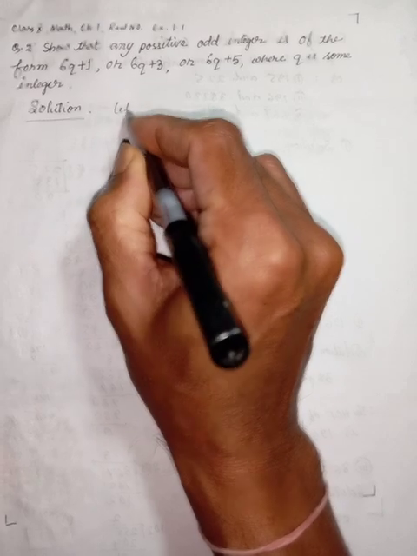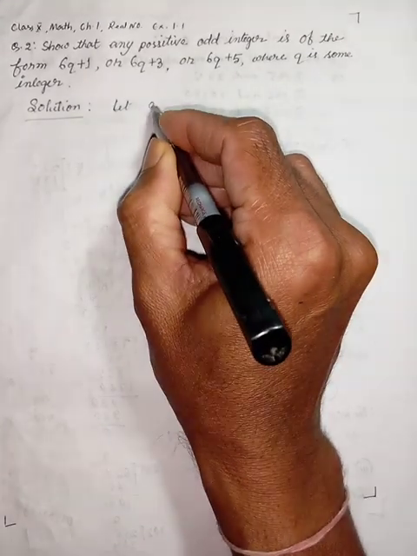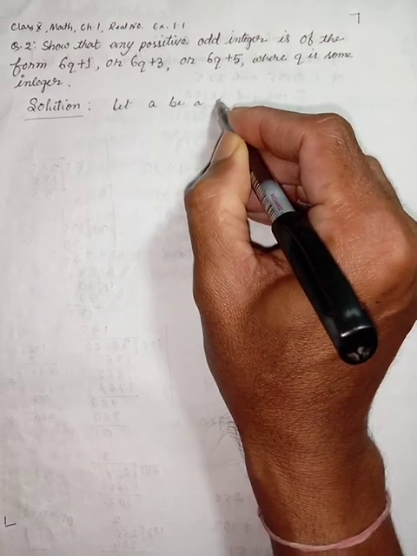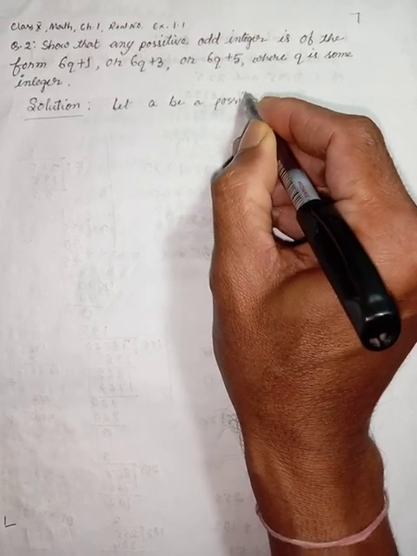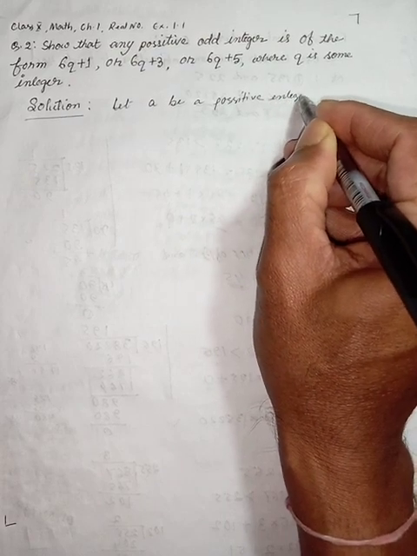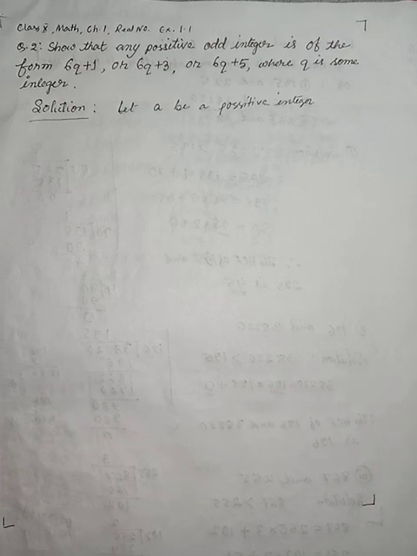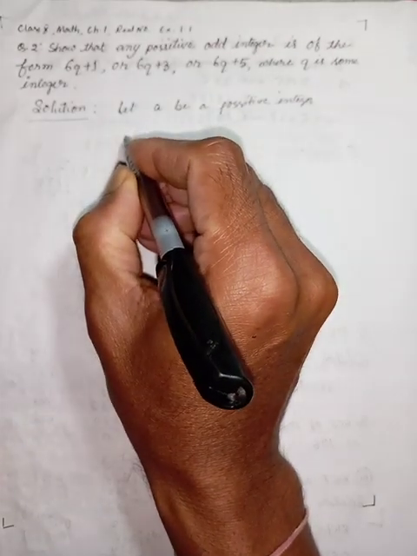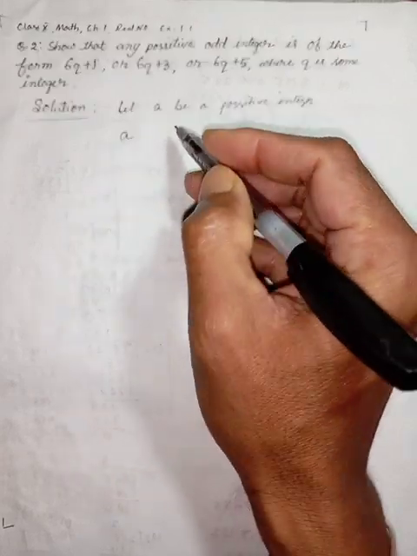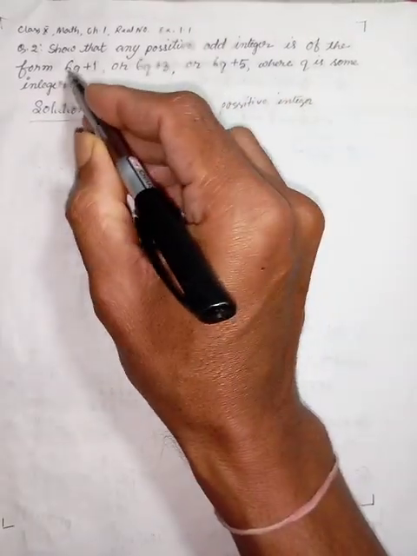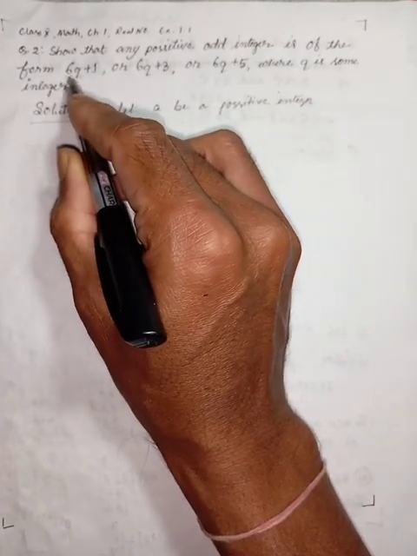Let a be a positive integer. So according to Euclid's division algorithm, a can be expressed with any divisor. Here the divisor is very clear: the divisor should be 6.